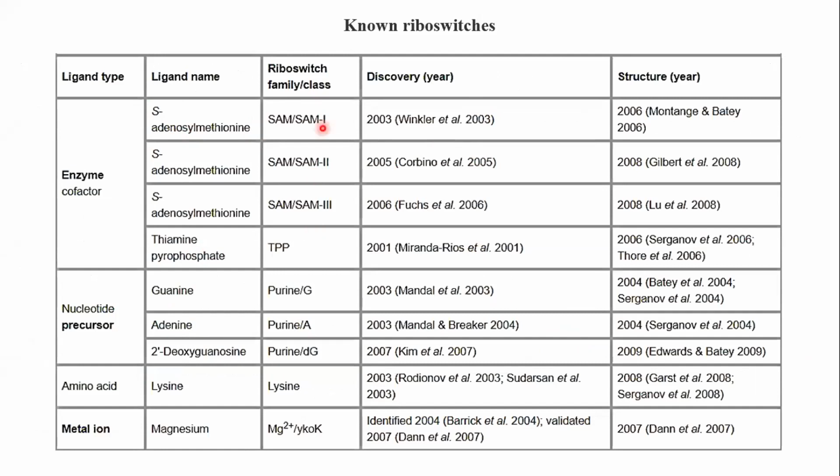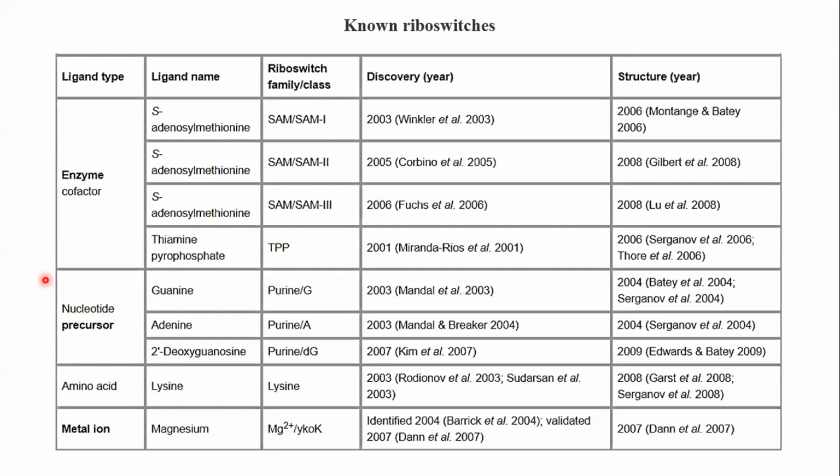S-adenosylmethionine we came across in 5' capping, where the methyl group is donated by S-adenosylmethionine in methyltransferase enzymes. Thiamine pyrophosphate is the only riboswitch found in eukaryotes.